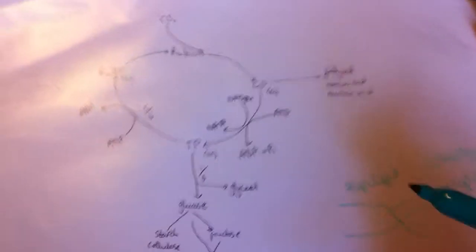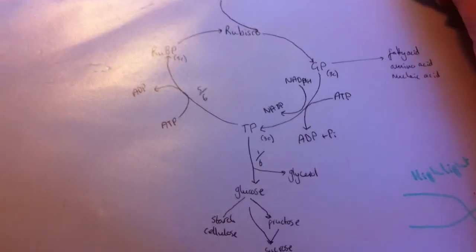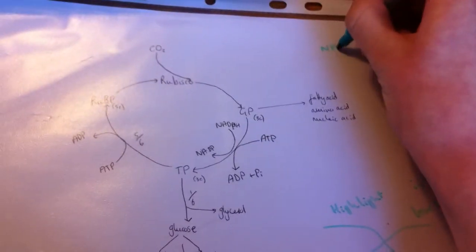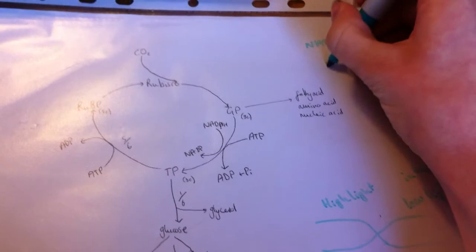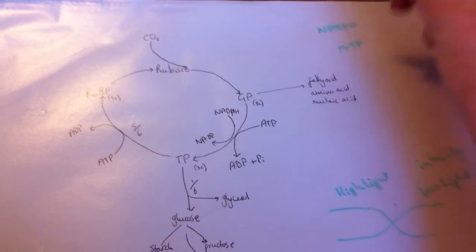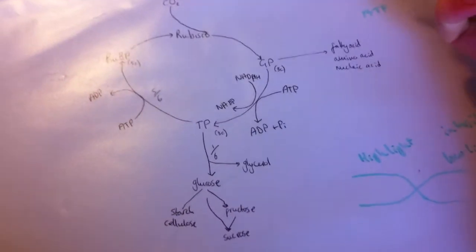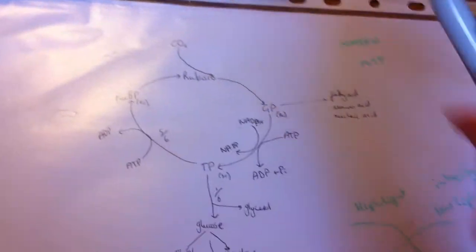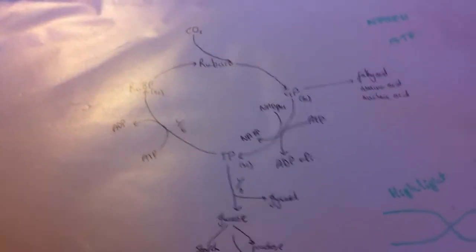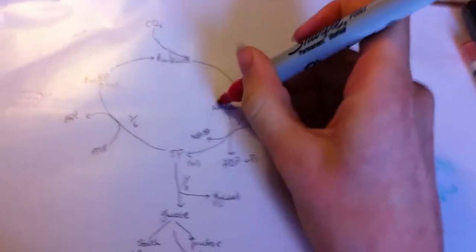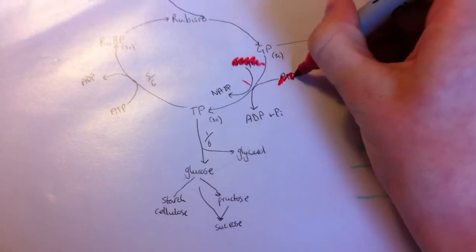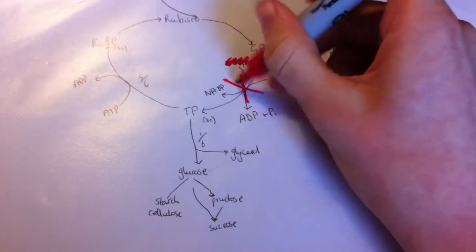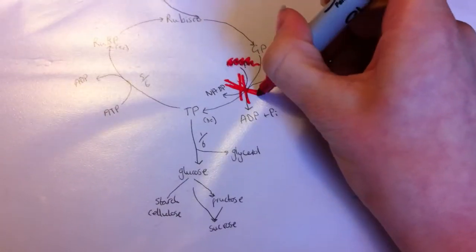So in the light dependent stage, you get NADPH and you get ATP. If the light dependent stage has suddenly been stopped, this isn't really going to be there, so this stage stops.